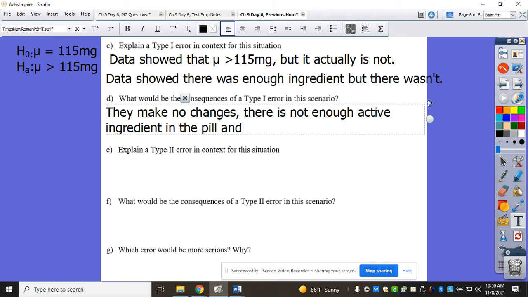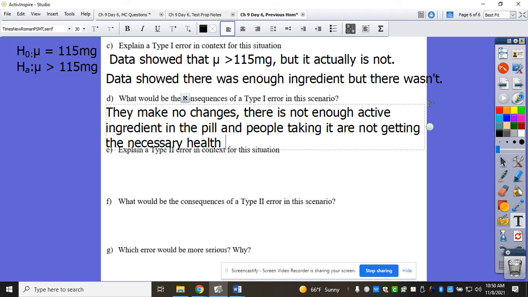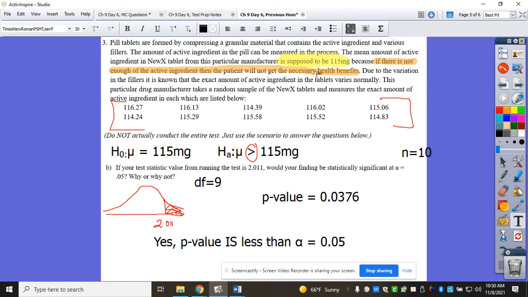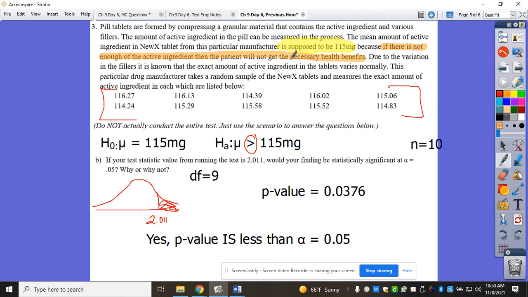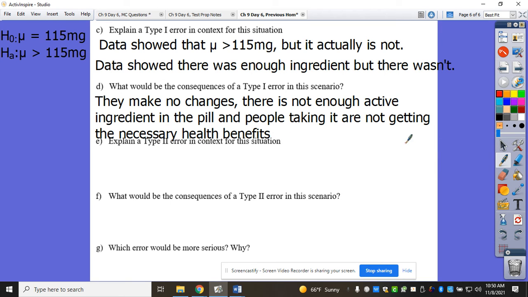And something along the lines of people taking it are not getting the necessary... And that's all it said. Like, go wording specific, but this one just literally said necessary health benefits. So they thought they were getting the health benefits, but they actually weren't.